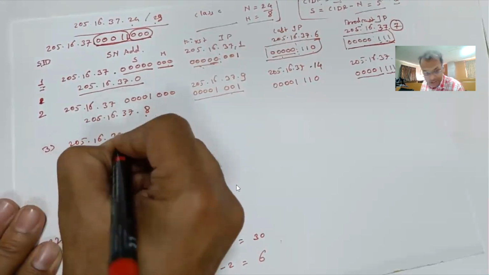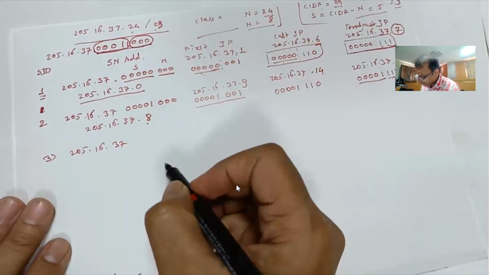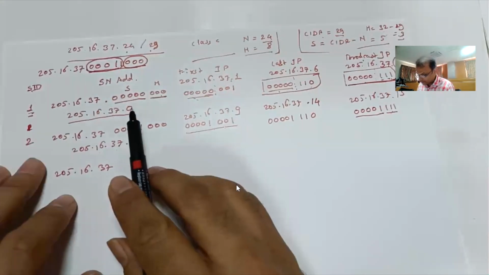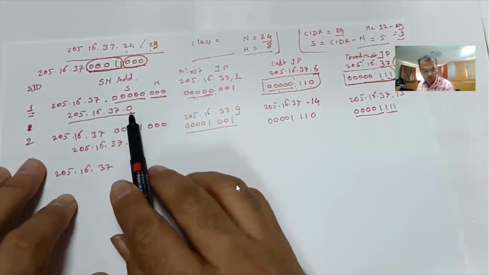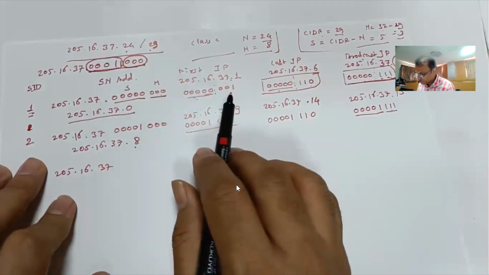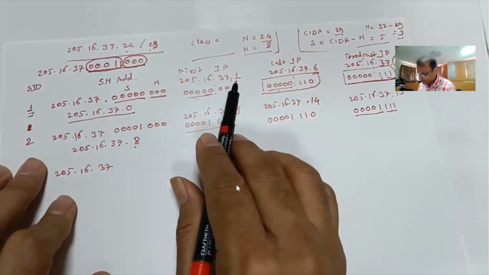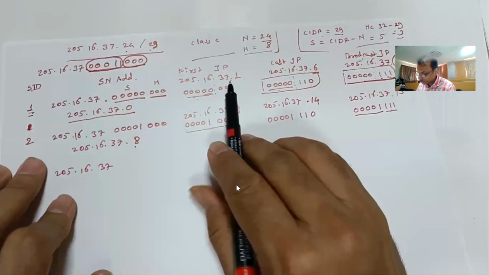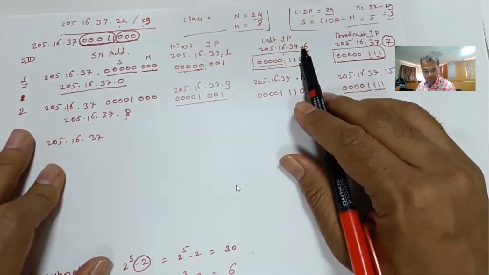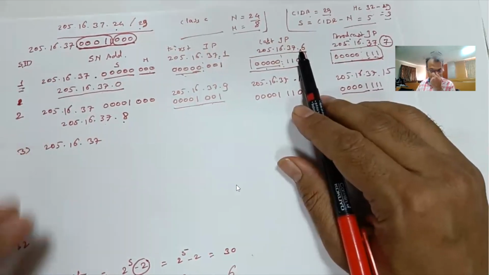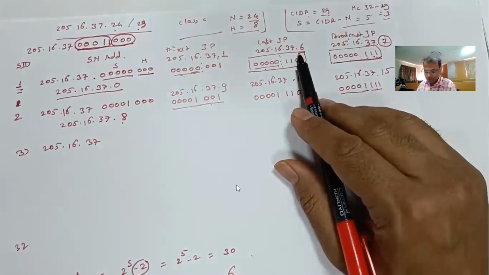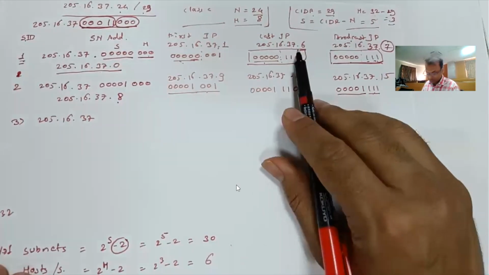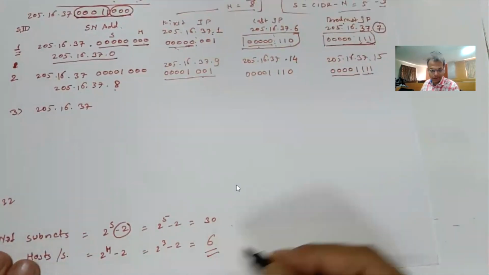205.16. Now it is very simple. If you have noticed, you start with 0. One IP address is the first IP address. How many valid IP addresses are there? 6 valid IP addresses.